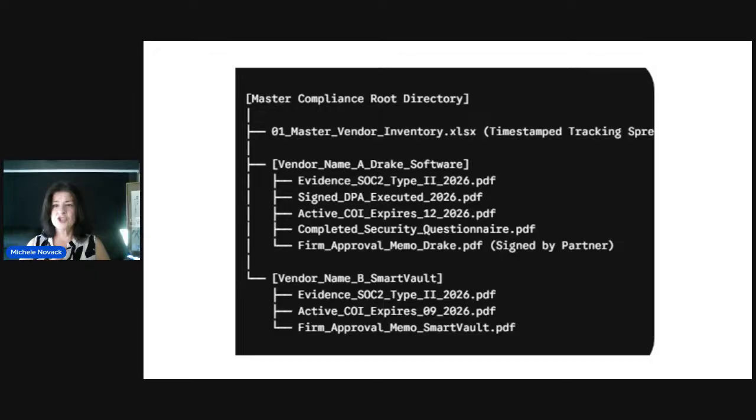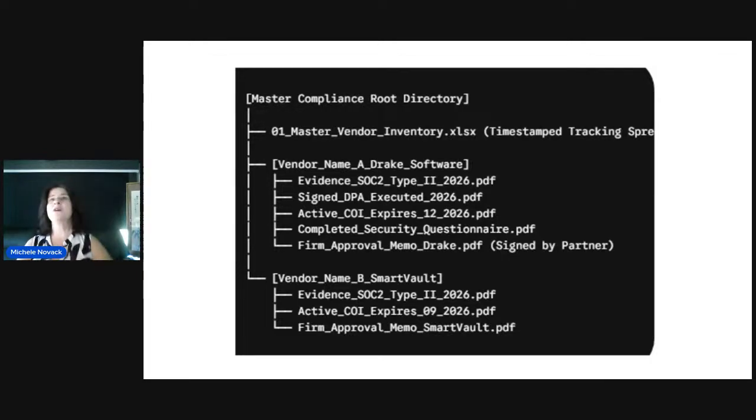Structure your proof. If an IRS or FTC investigator steps into your office, they will test your compliance framework instantly by saying, show me your security tracking for your cloud portal. And wouldn't it be nice to just say, hold on a minute, I got that for you. You click on Vendor Assessments 2026.